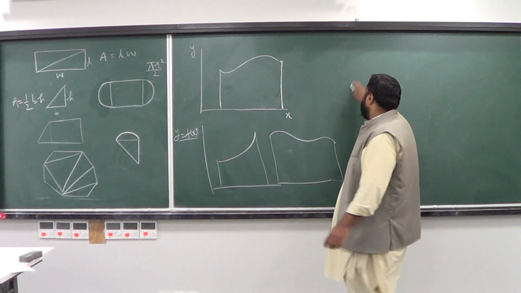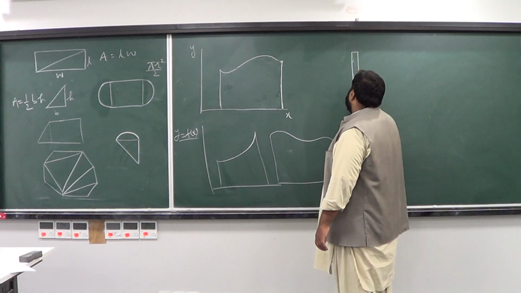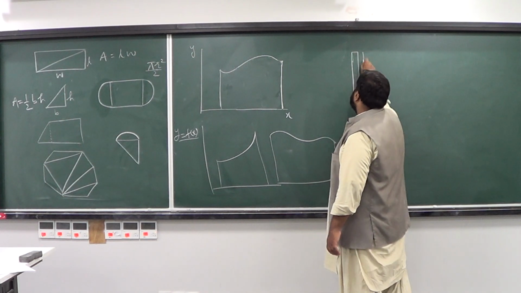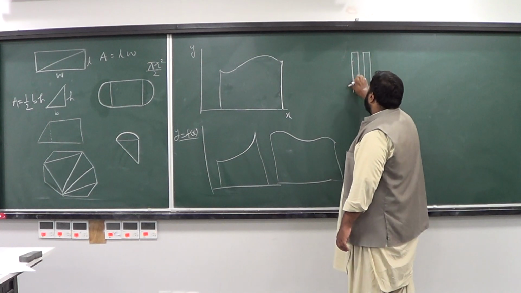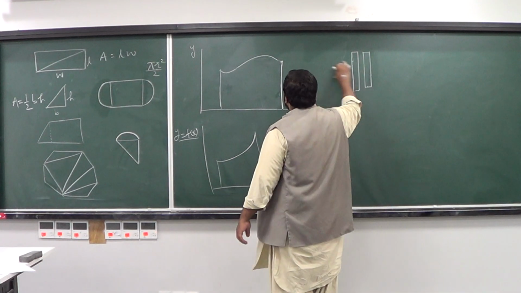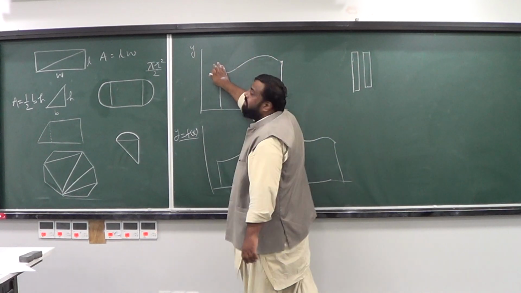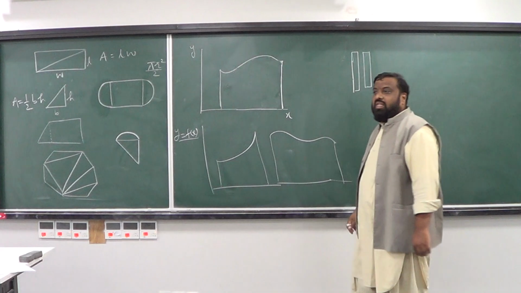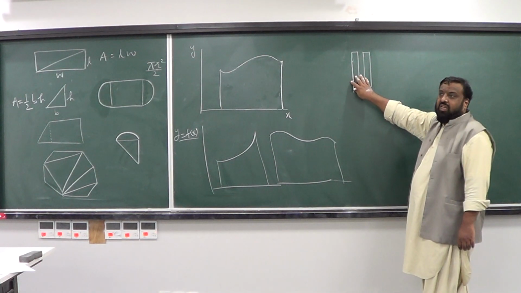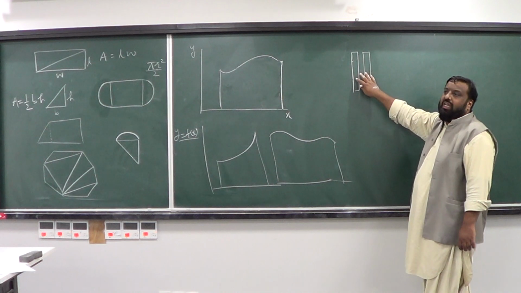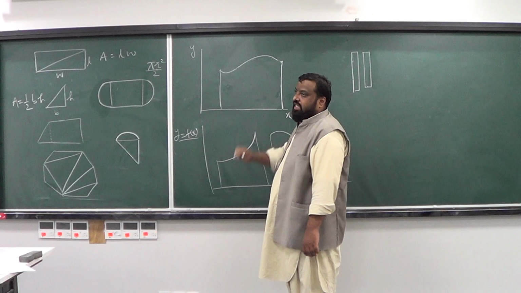Let's take some rectangles and make some copies of them, put these rectangles at different places, and then sum the areas of the rectangles. Whatever is the area of the rectangle is going to give you an estimation.